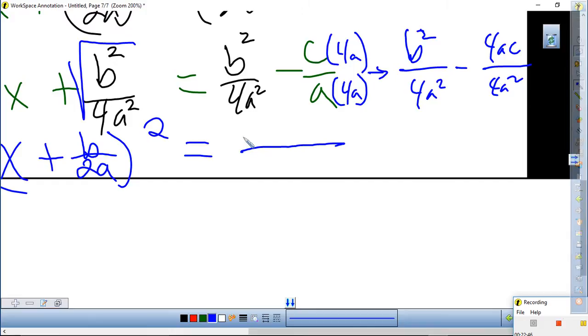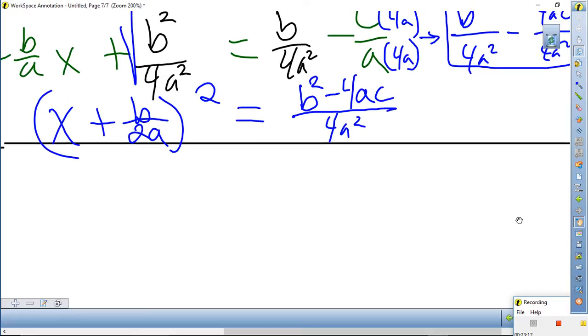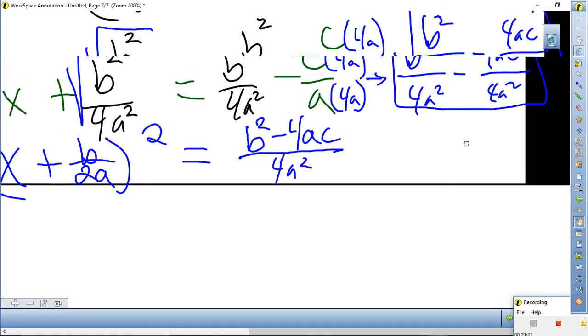What does this become here? Help them out. Oh, B squared over. That is correct. So we're done with step 5. Let's go to the last steps. Did everybody understand this part? Yes? All right.